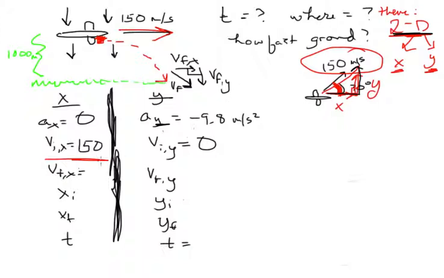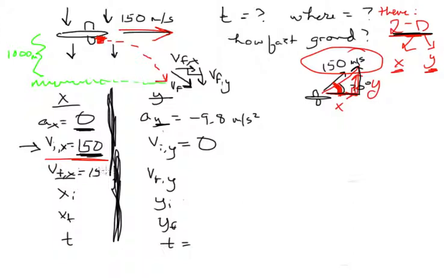Well, we clearly don't know, right? They don't tell you any information, but I'm going to teach you a little trick. If you are starting with a v initial of 150 in the x direction, and you're changing it by 0, right? Acceleration means your change in velocity. So if I start at 150 and I change at 0, what's my final velocity?